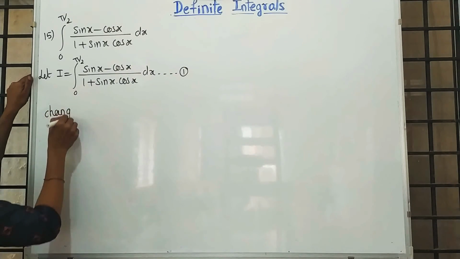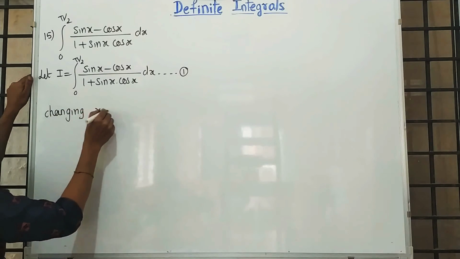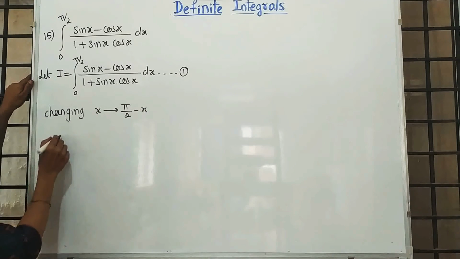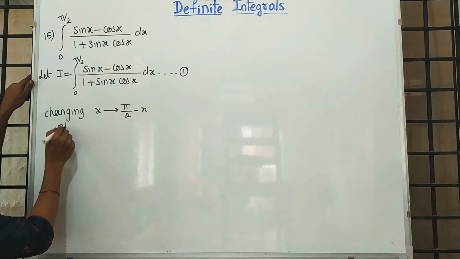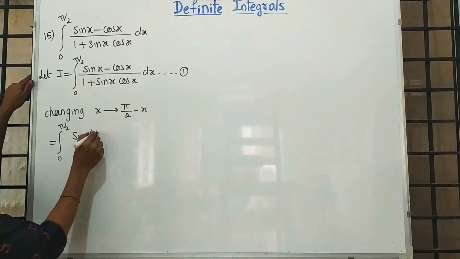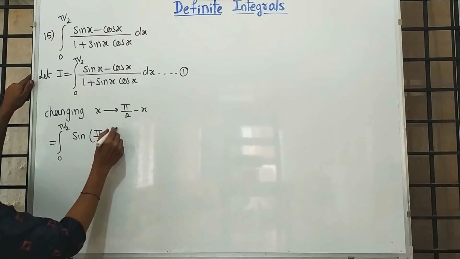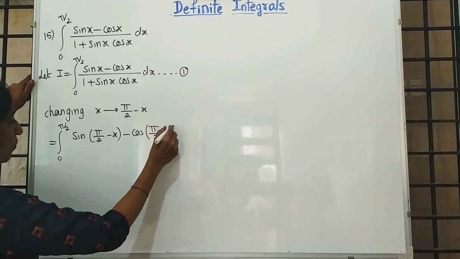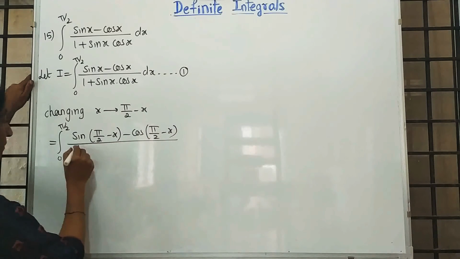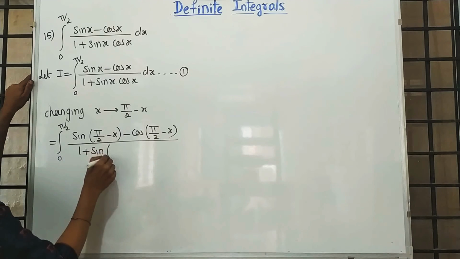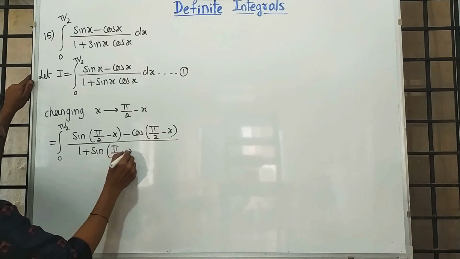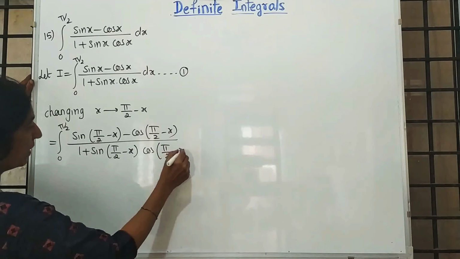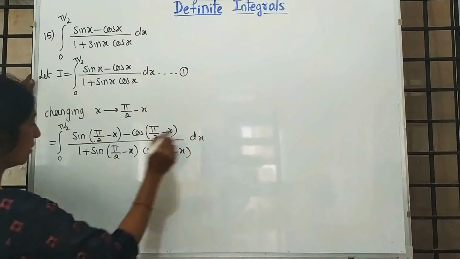Changing x to pi by 2 minus x, integration from 0 to pi by 2, sin of pi by 2 minus x minus cos of pi by 2 minus x divided by 1 plus sin of pi by 2 minus x into cos of pi by 2 minus x into dx.